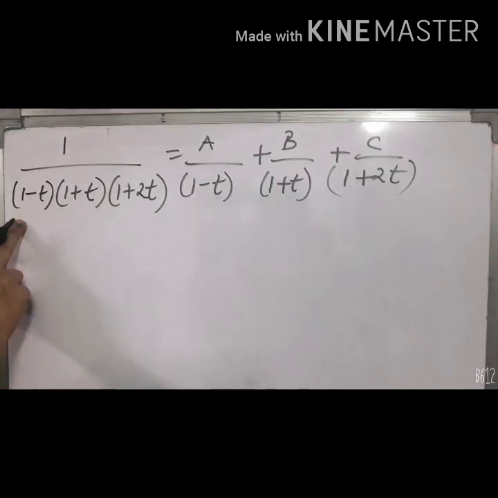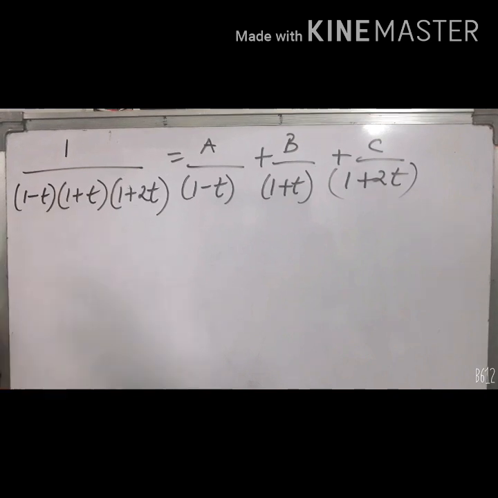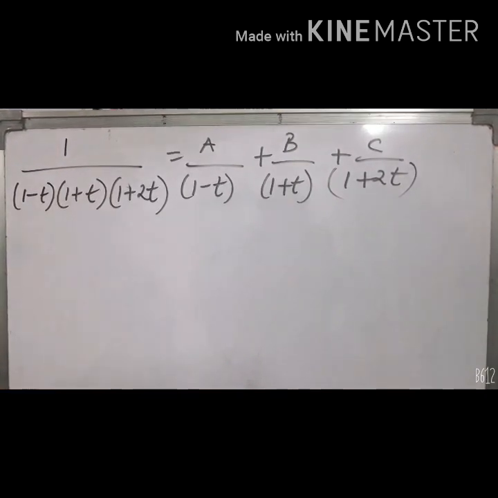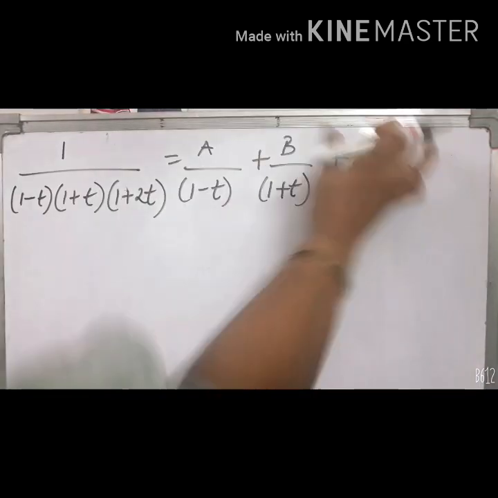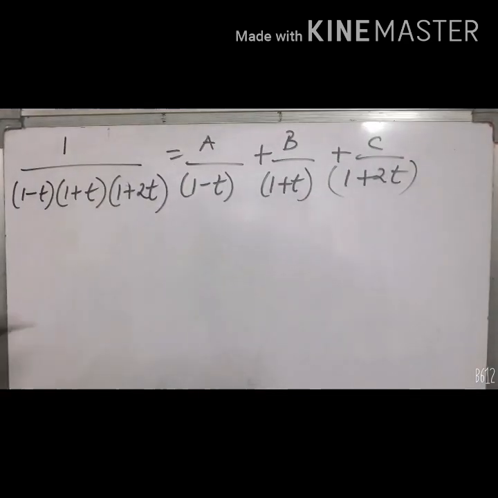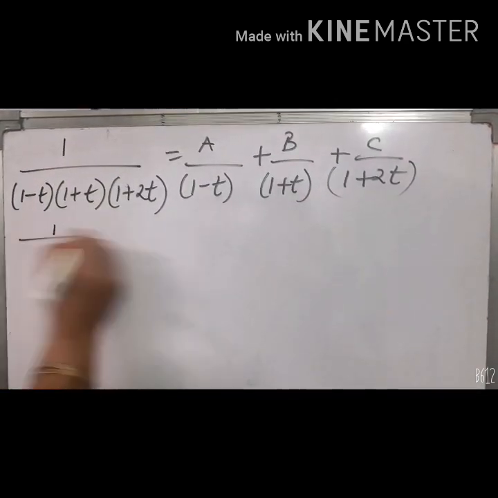This is the form 1 by 1 minus t into 1 plus t and 1 plus 2t. Because all three of them are linear, I took three constants. Again the same thing, take LCM.